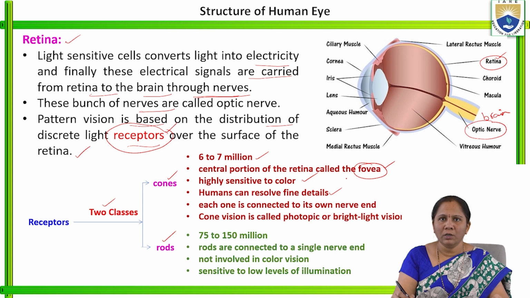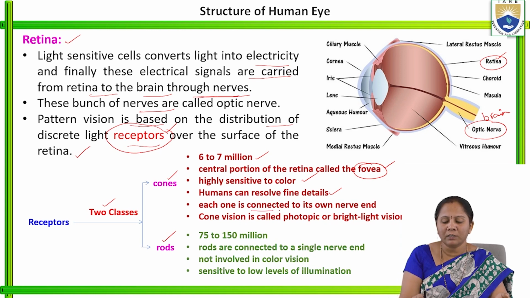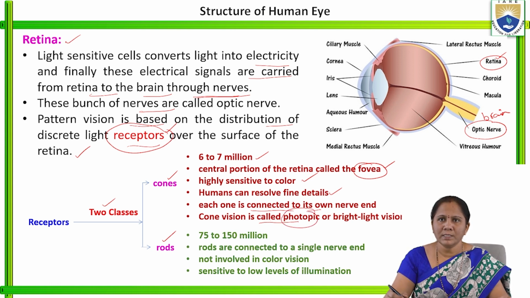Humans can resolve fine details with cones, and each cone is connected to its own nerve. Cone vision is called photopic, or bright light vision.